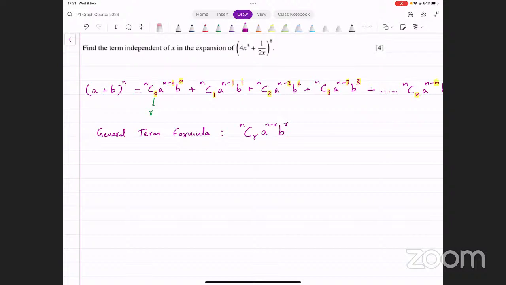This is what this general term formula looks like. You can find any term using this formula if you know the value of r. So the problem in this case would just be finding the value of this r. Once you have the value of r, you can just input that there and you can find whatever is needed. Now let's see how this is going to be used.